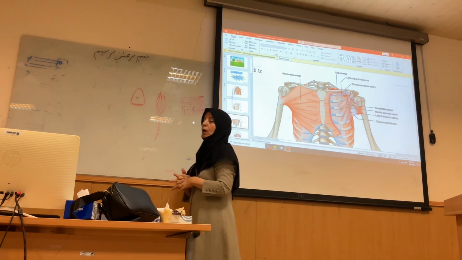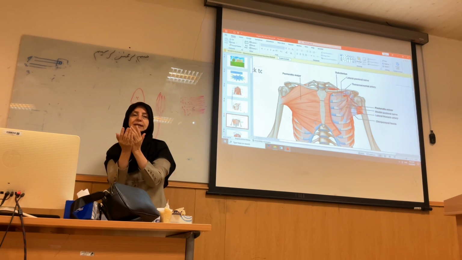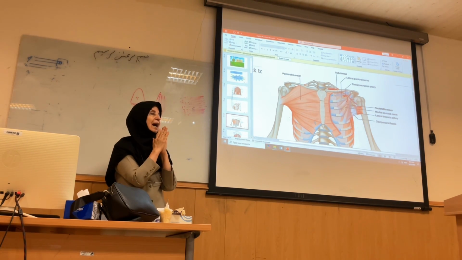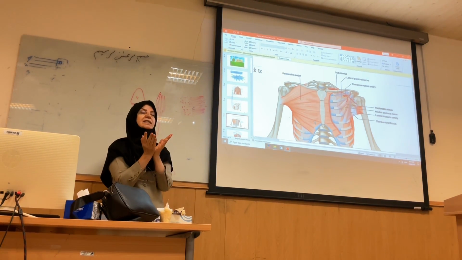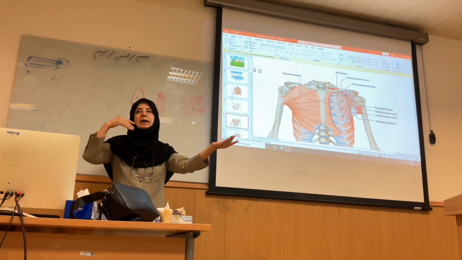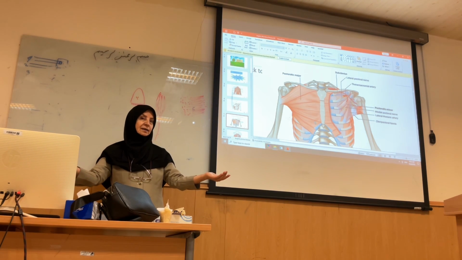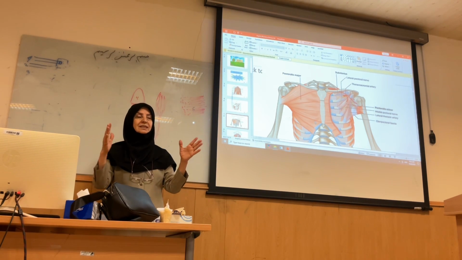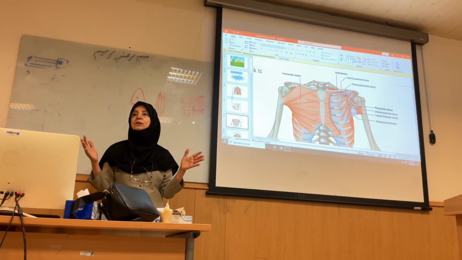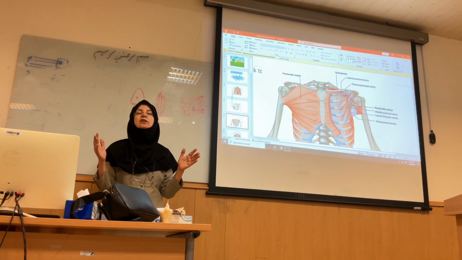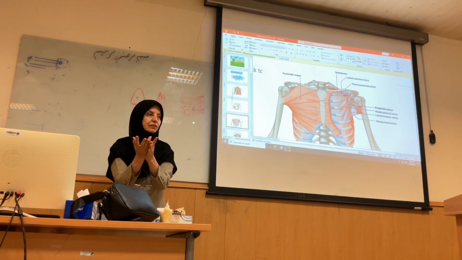Okay? Now, around each muscle, you have deep fascia. What is the difference between deep fascia and superficial fascia? Deep fascia is between muscle fibers. Deep fascia is the epidermis. Yes. What is the difference in histology? No, histology. The superficial fascia is full of fat.